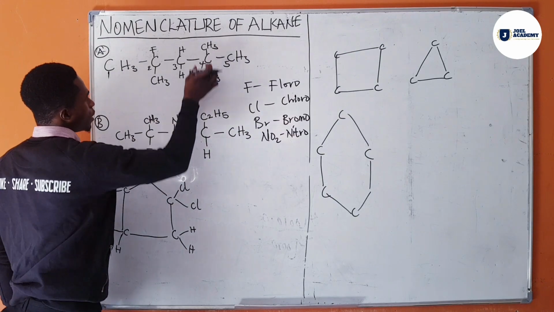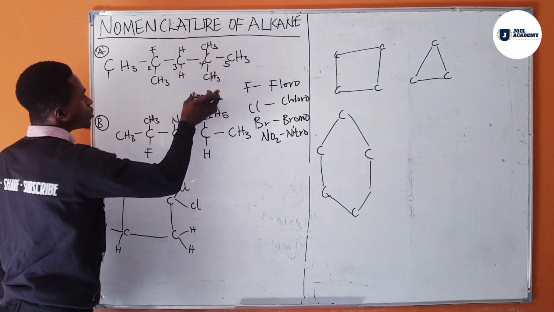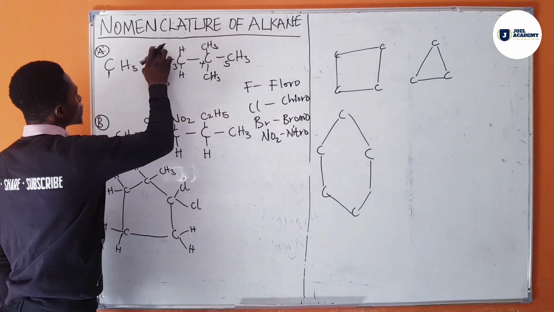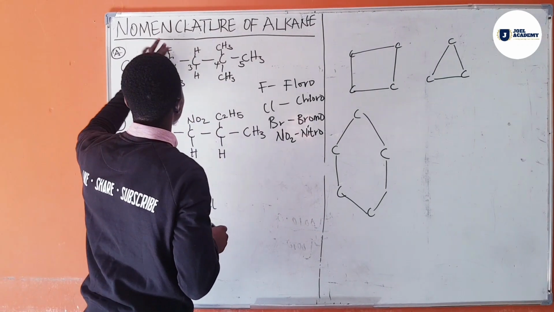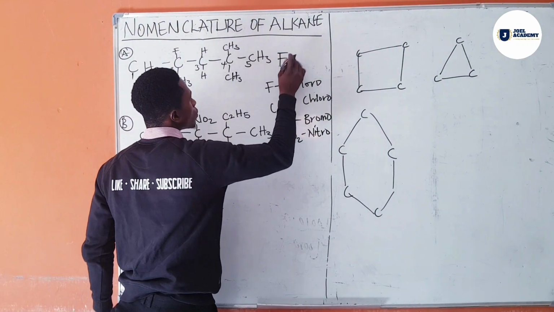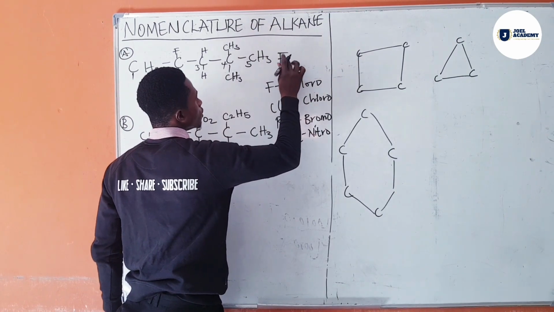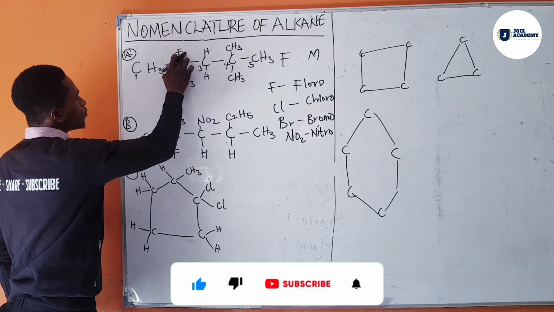The substituents here: this is methyl and this is methyl. And this is fluoro and this is also methyl. Since fluorine comes before methyl in alphabetical order, F is before M, we'll start our naming from here, giving preference to this.